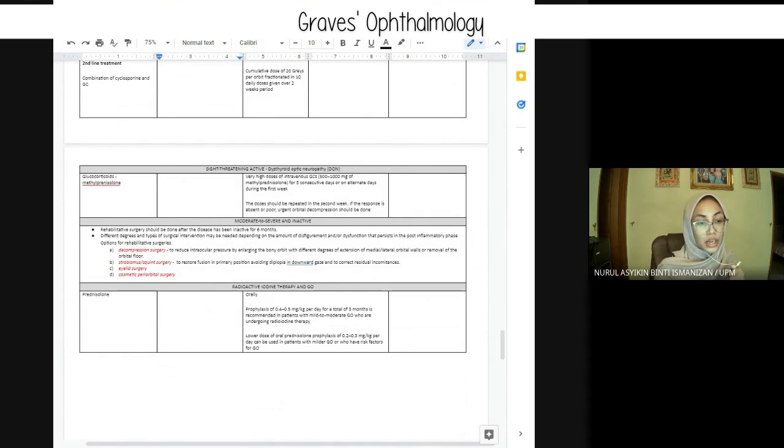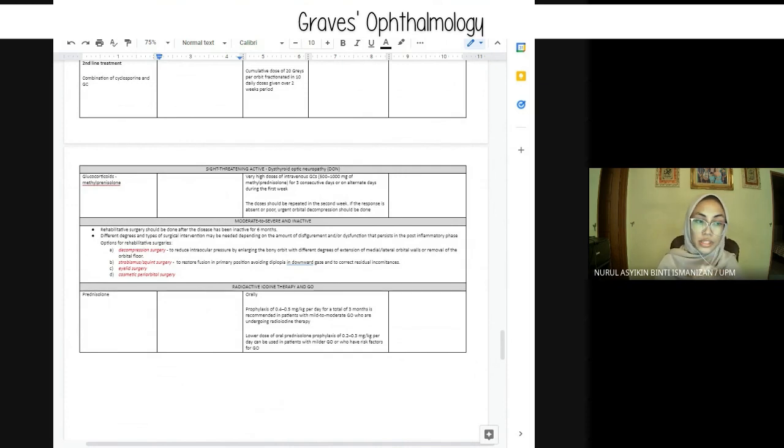And then for the next severity, moderate to severe and inactive, there is no stated specific drug treatment, but rehabilitative surgery should be done after the disease has been inactive for 6 months.